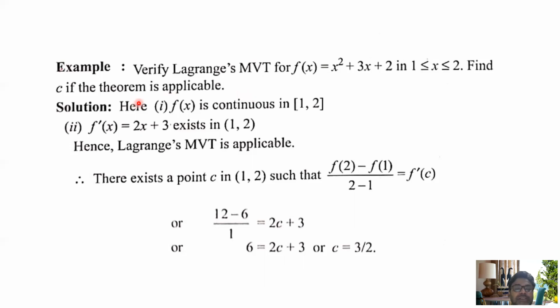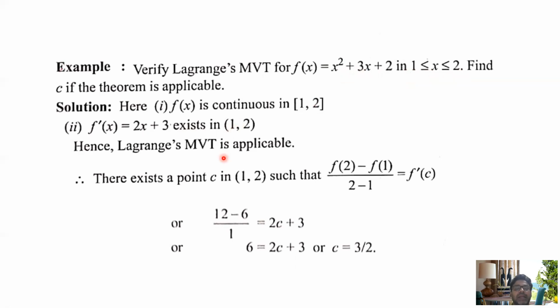Here f(x) is continuous because it is a polynomial function, so f(x) is continuous in the closed interval 1 comma 2. f dash x is equal to 2x plus 3 if you differentiate this, so it exists in the open interval a comma b. So from here it is clear that Lagrange mean value theorem is applicable because both the conditions are satisfied by the function f(x) equals x square plus 3x plus 2 in 1 less or equal to x less or equal to 2.